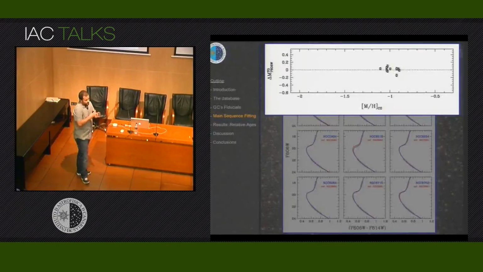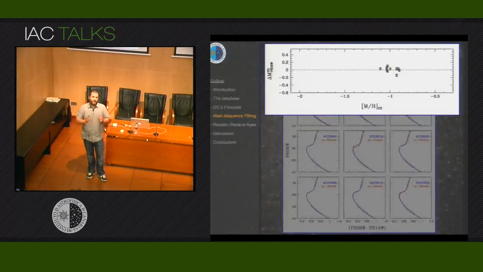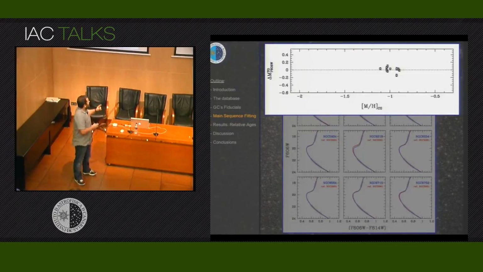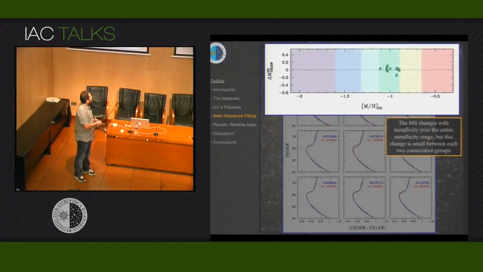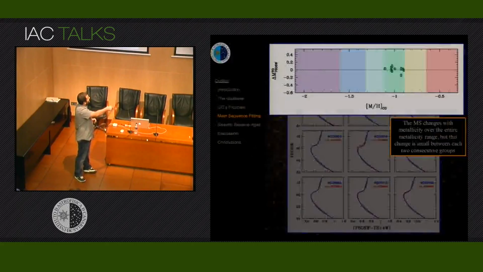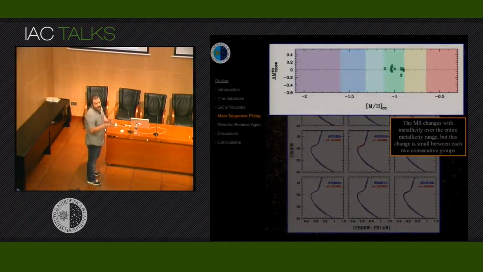The main sequence fitting works perfectly well if you have clusters with the same metallicity. But the main sequence varies with metallicity, and it varies a lot over the Hubble metallicity range. But we found that the variation is small if you limit yourself to metallicity groups. I'm showing here, it's not very clear, but the colors represent different metallicity intervals.